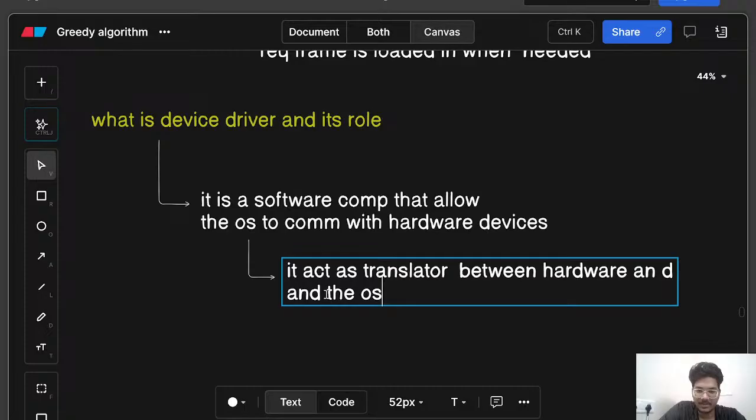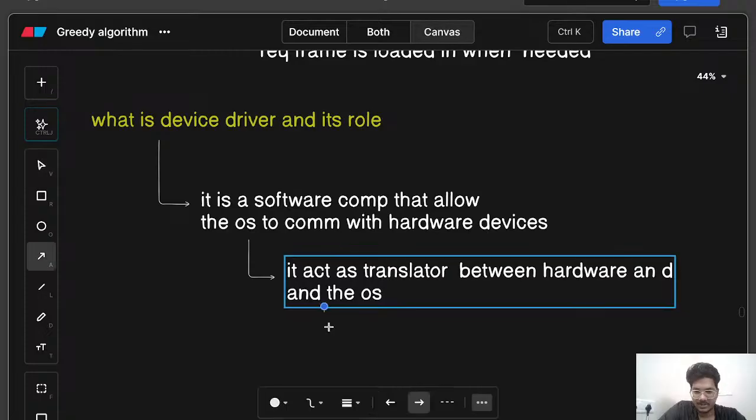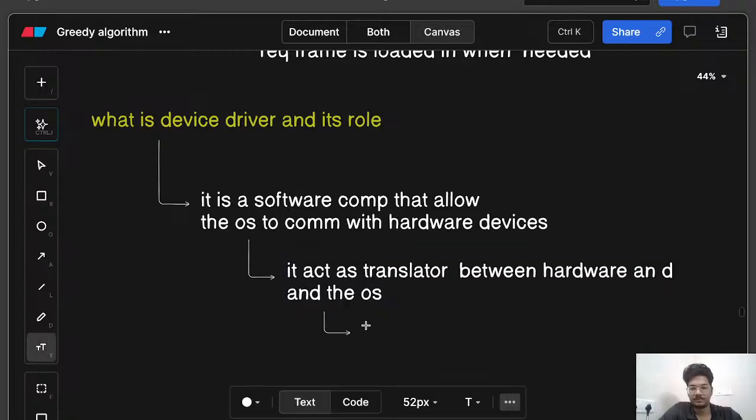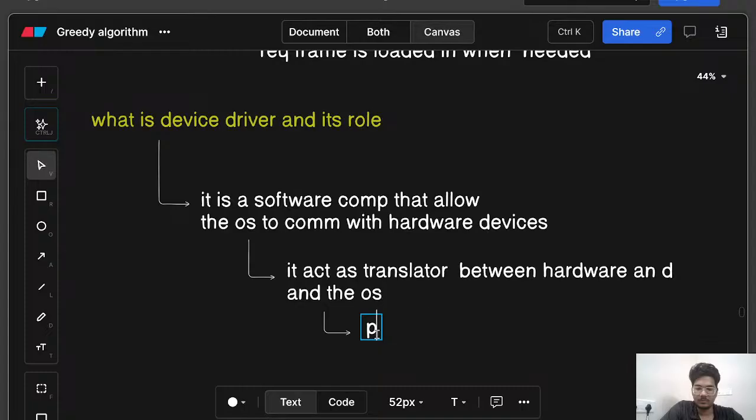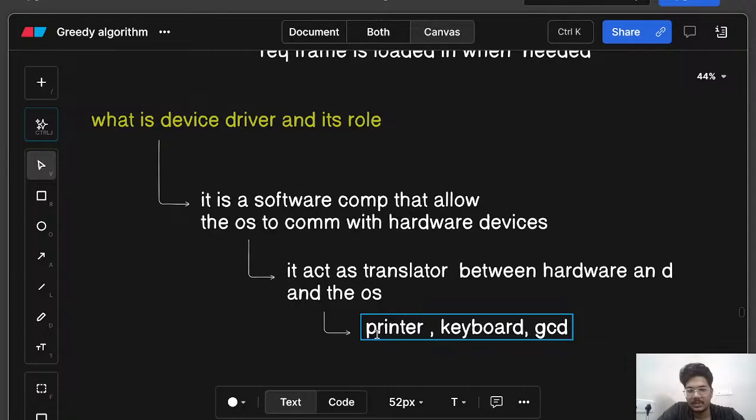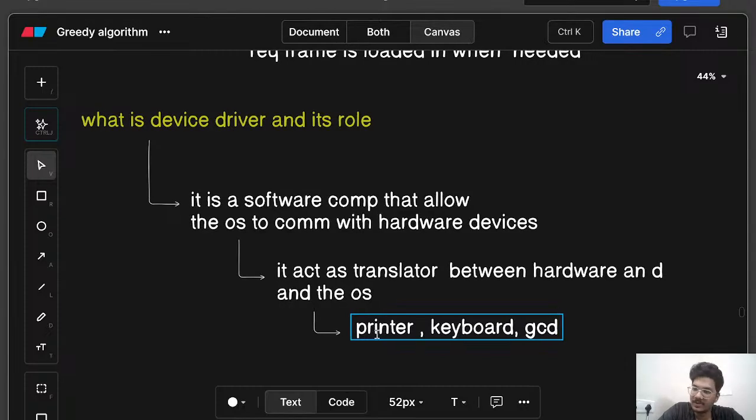So printer, keyboard, and graphics card drivers are all device drivers. It is a software component that allows the operating system and its applications to communicate with hardware devices.